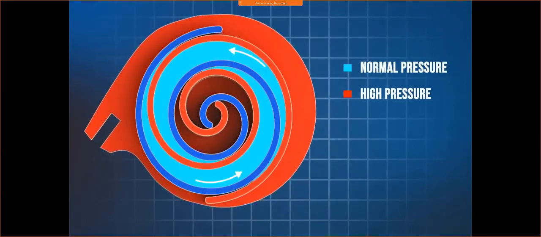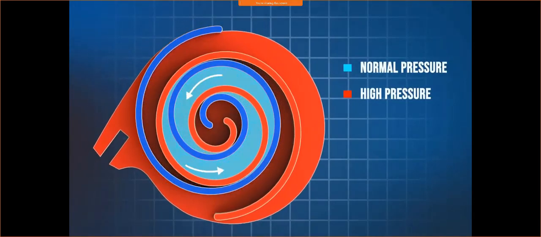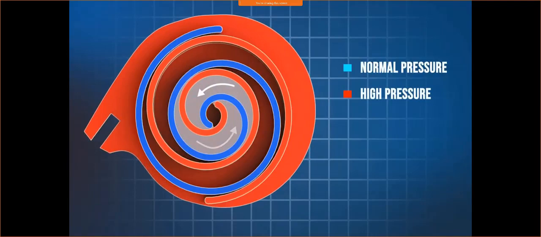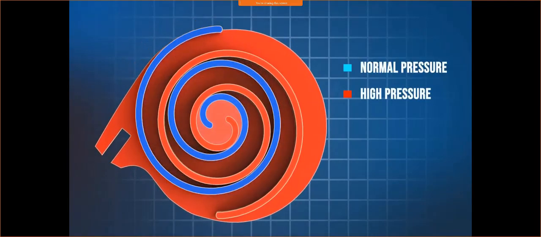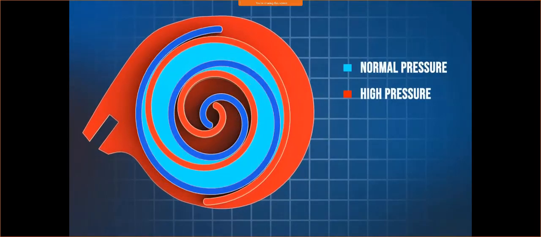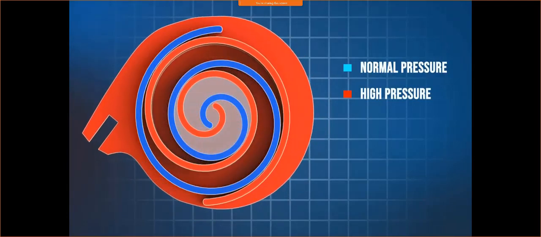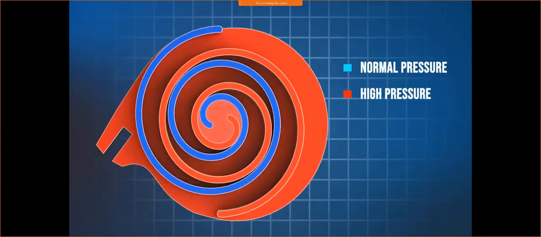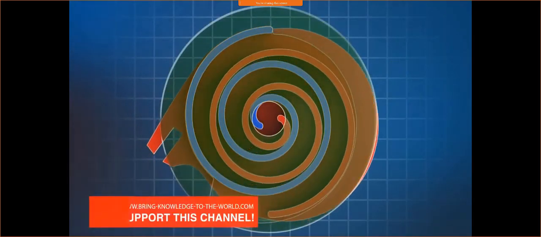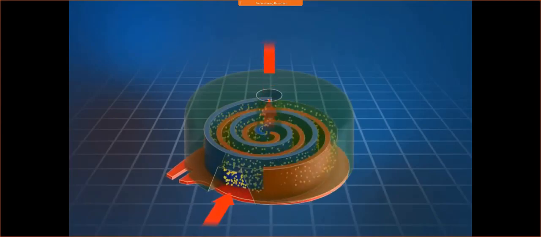Therefore, this type of compression is called internal compression. In the middle of the scroll housing, which is shown here in green, is a discharge port, through which the compressed gas can escape. Normally, there is also a check valve.